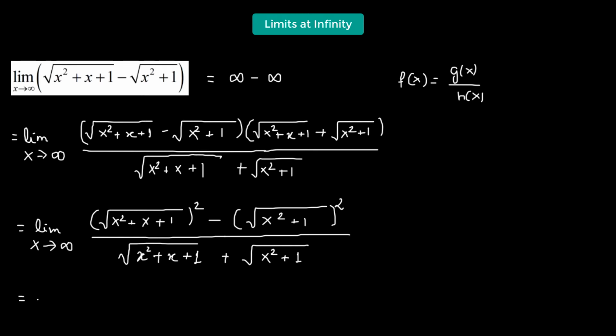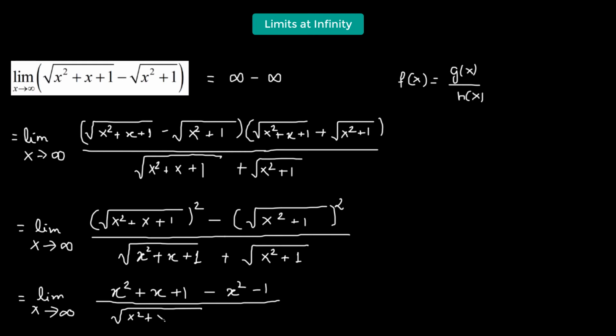So we have in the numerator x squared plus x plus 1 minus x squared plus 1, divided by the square root of x squared plus x plus 1 plus the square root of x squared plus 1.